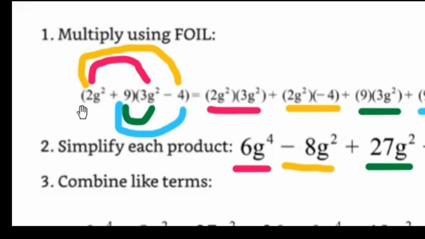So for example, we multiply 2g squared by 3g squared. We don't write down the positive sign, but we know by convention that when there's no sign written in front of the number, you assume that it's positive, just like in real life, right?